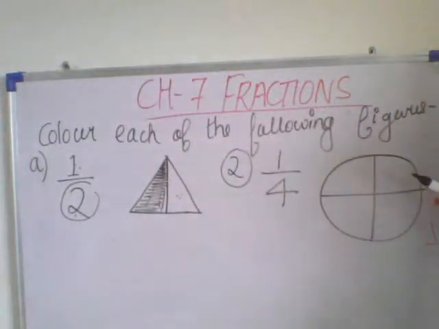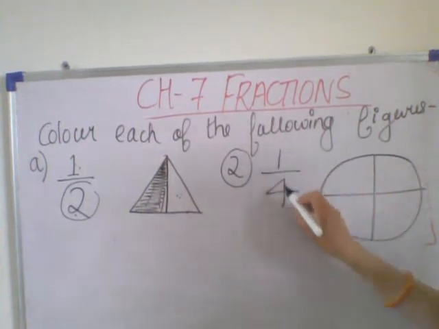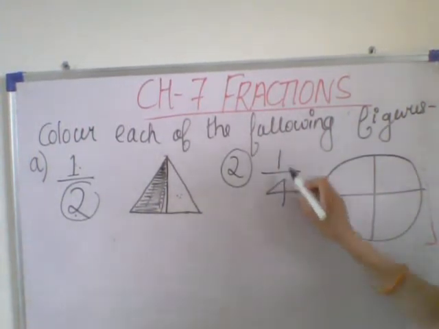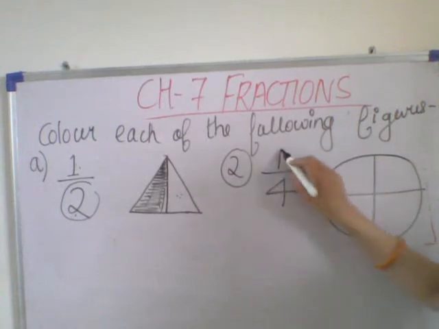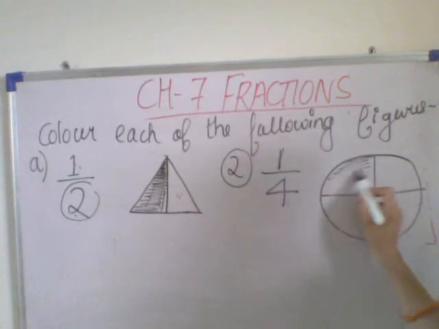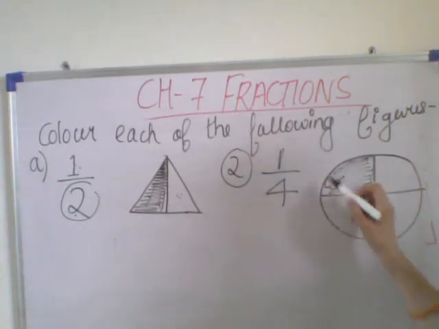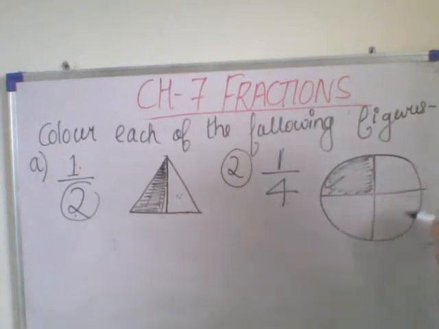Now I have to show here 1 by 4. So I will be shading only one part, since 1 is written. Any one of the parts you can shade. So it shows the 1 by 4th fraction in this given figure.